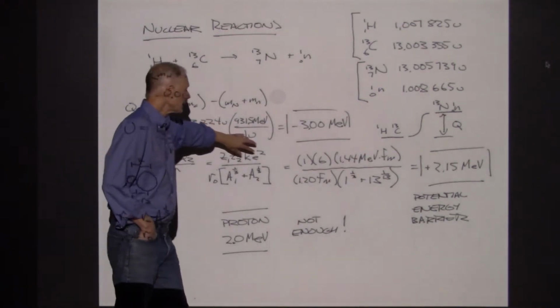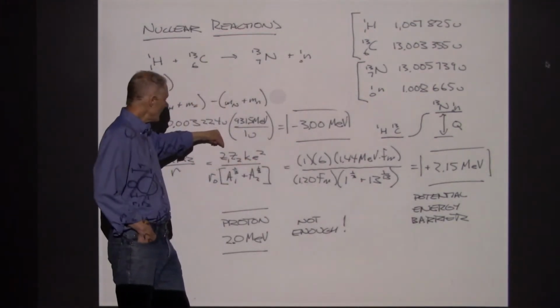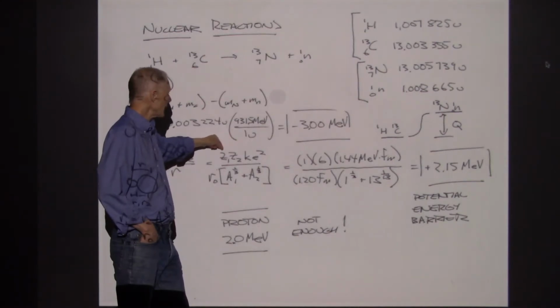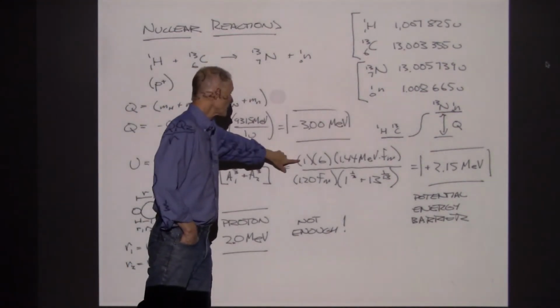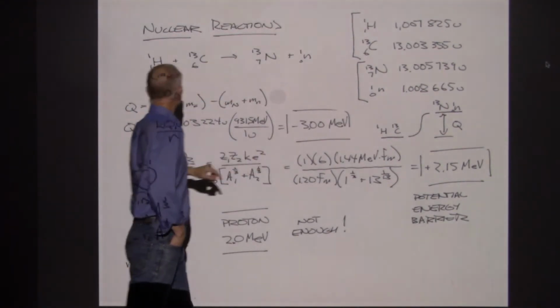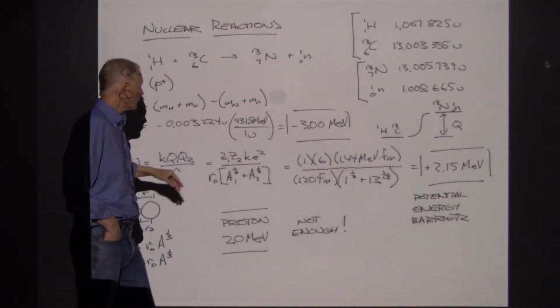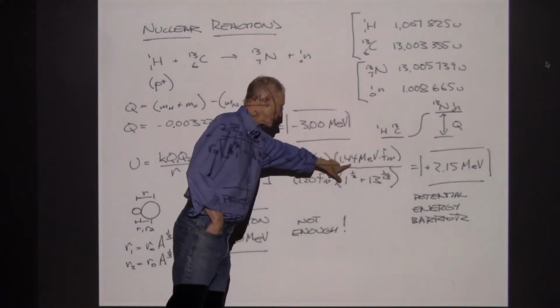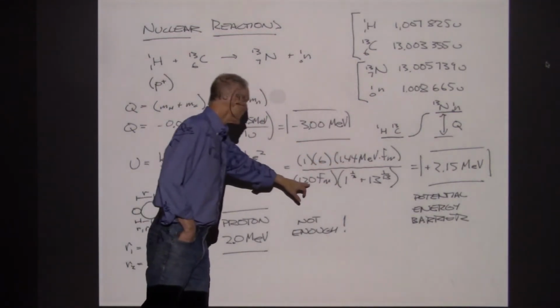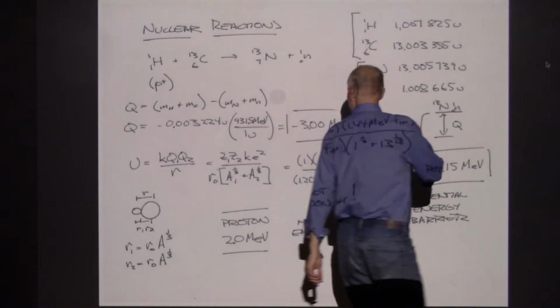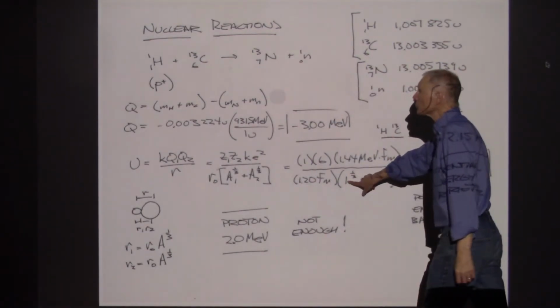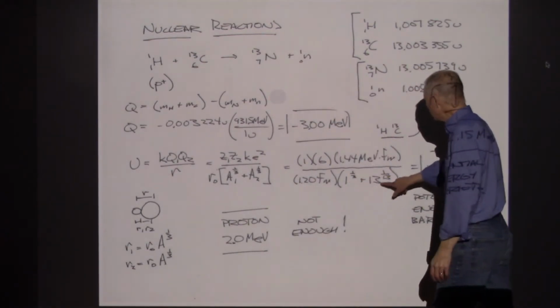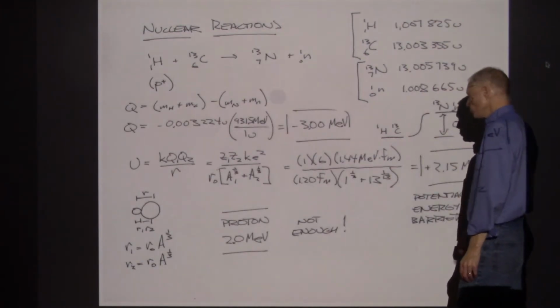So I can take the atomic number of the two nuclei coming in. The atomic number for a proton, for hydrogen, would be 1, and then 6 for the carbon. This was my shortcut for ke squared. And then the 1.20 femtometers, the hydrogen-1 is just 1 nucleon, and the carbon-13 is 13 nucleons.